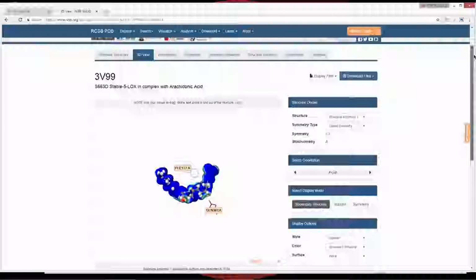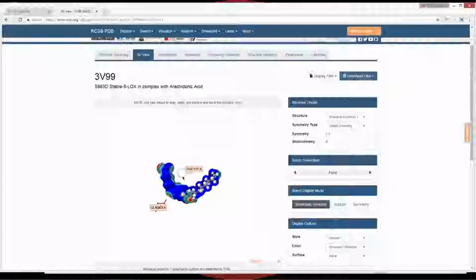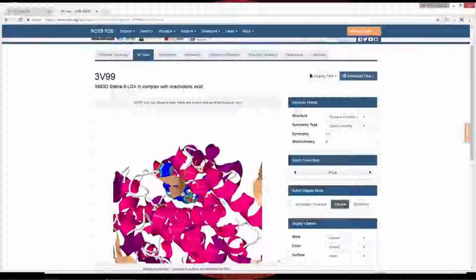This picture shows how the arachidonic acid is interacting with the protein, and what are the amino acids that are involved in the interaction. So, this is the arachidonic acid, and this is the entire protein that can be viewed.